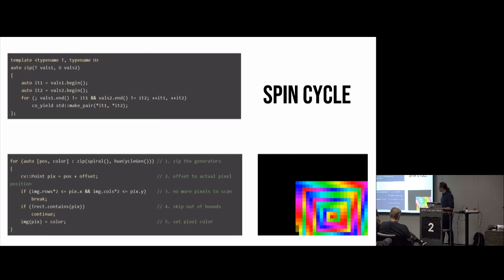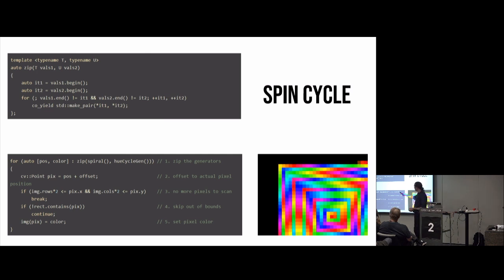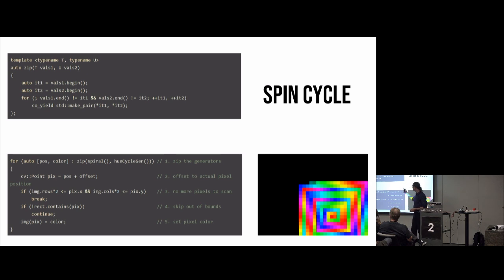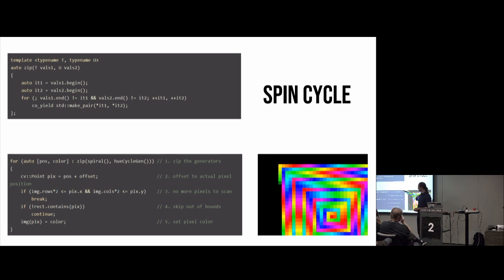And the way we combine them is basically in a range for loop. As we can see on the bottom, we have a for loop where I'm using a structured binding for the position and the color. And on the right of the column, we can see that we're calling zip with the spiral and the hue cycle generator. And we're basically getting a position and a color.